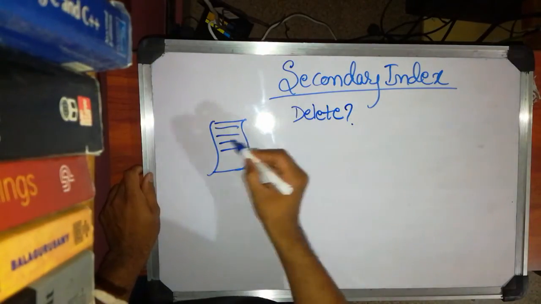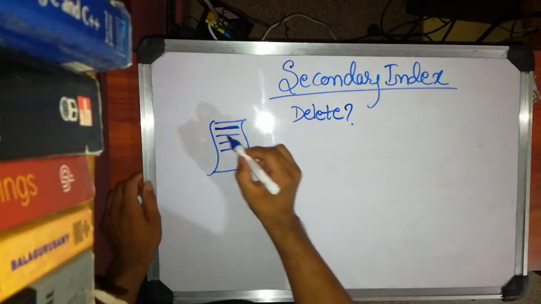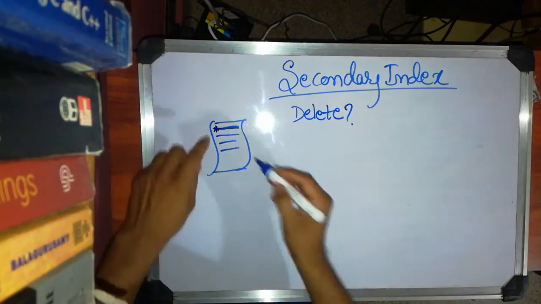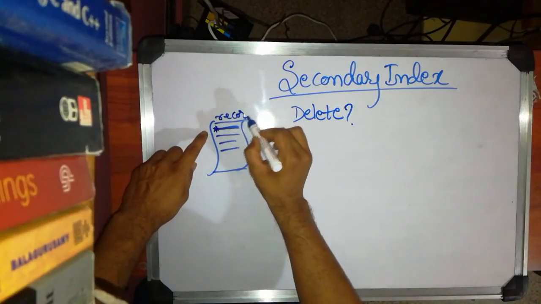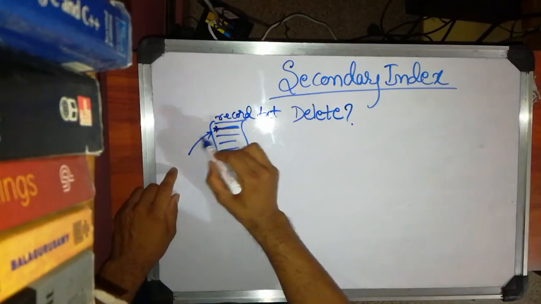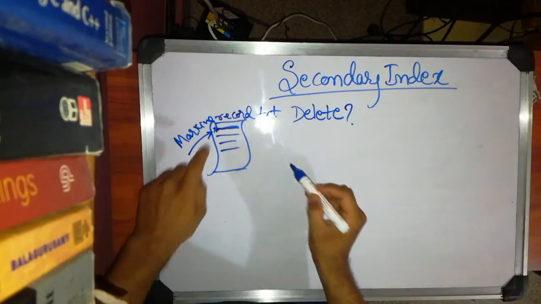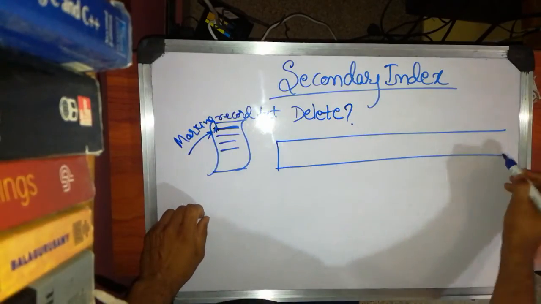Just search the record based on either the primary key or the secondary key, go to that particular starting address and simply put a star mark. Now it's not enough to just mark something in the record file as deleted. This is just marking in the file as deleted. But what about the secondary index that we have built?